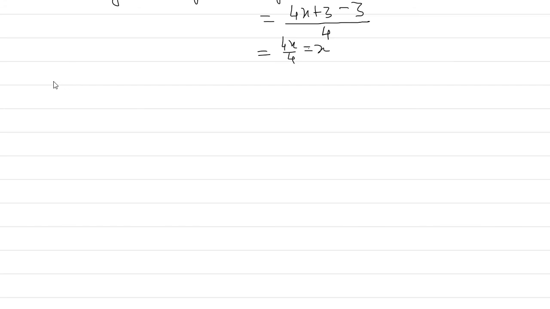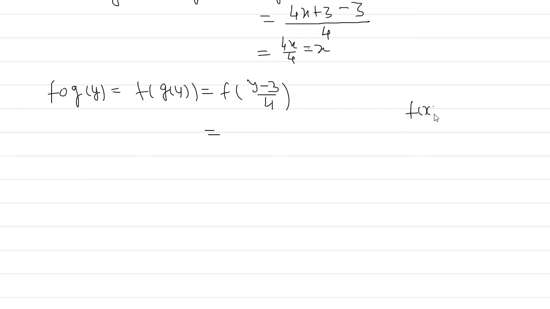Now let us find f o g of y, that is f of g(y). Now what is the definition of g? g(y) is (y minus 3) upon 4. What is the definition of f? f(x) is equal to 4x plus 3.